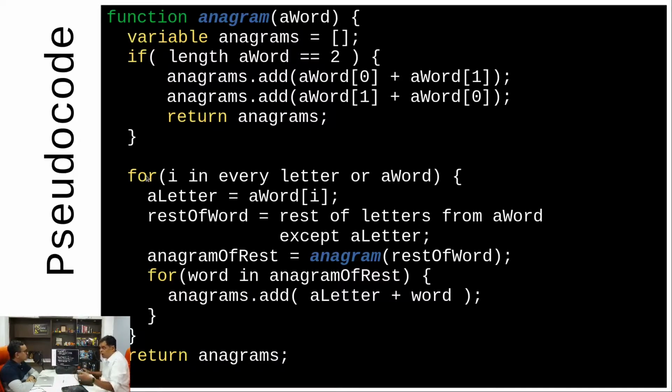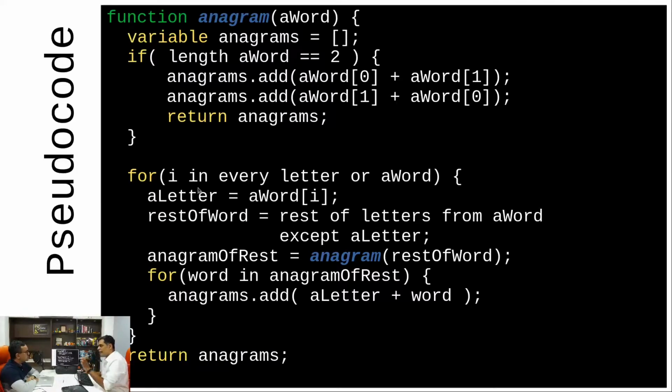But if it is more than 2 letters long, then for i in every letter of the word, where i is an index, I take a letter and keep it aside. This letter variable is the one that I'm keeping aside. Then I form the rest of the word, which is the rest of the letters except this letter.